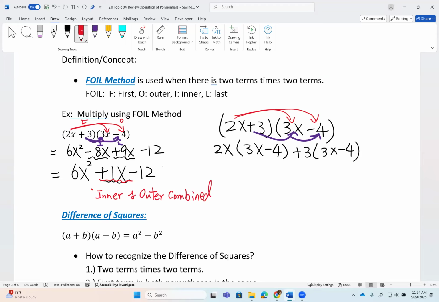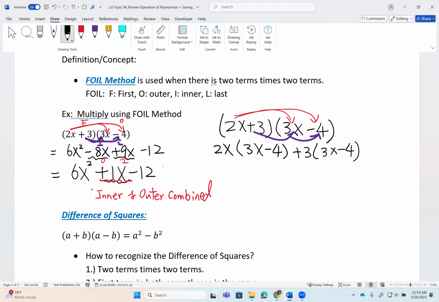The 1x comes from the negative 8x and positive 9x. Negative 8x was the 2x times negative 4, that's the outer. The 9x was the inner. So in the trinomial answer, the middle term comes from the inner and outer combined.